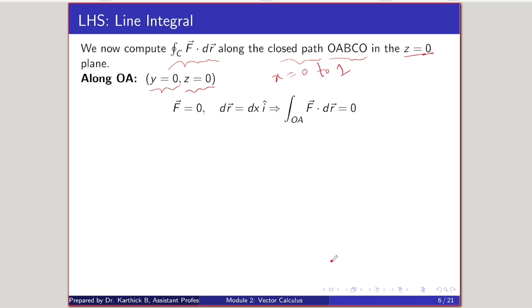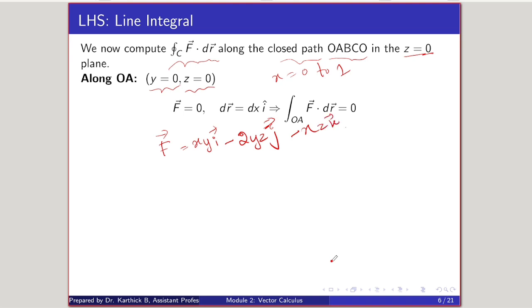Then what is the F vector they have given? Simply, the given problem F vector will be xy i vector minus 2yz j vector minus xz k vector.